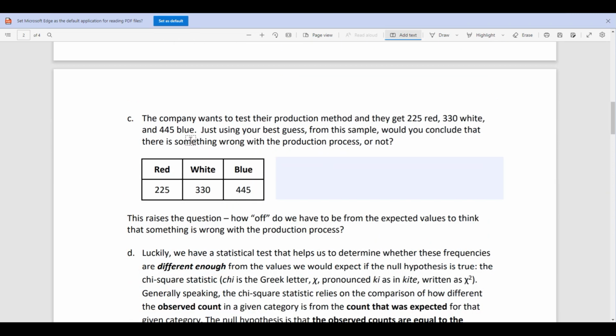Now, a third scenario. The company wants to test their production method, and this time they get 225 red, 330 white, and 445 blue.